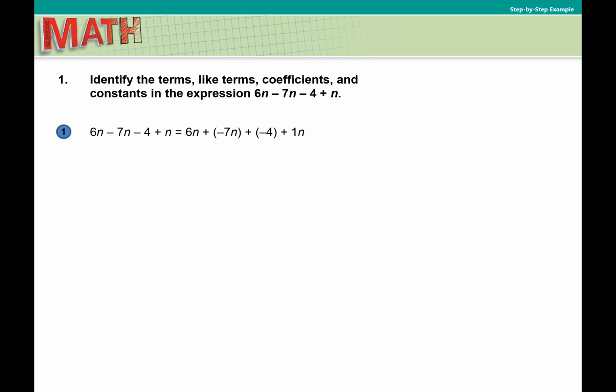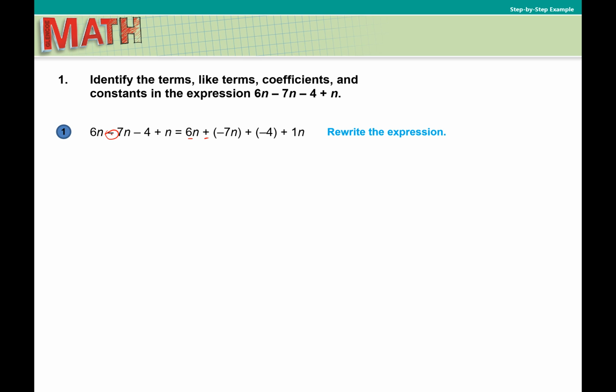Okay, so first of all, we want to rewrite our expression. Now, rewriting can include different things, but the biggest thing is whenever you have subtraction, remember, subtraction is the same thing as adding a negative. And it's much easier to simplify when you've got addition rather than subtraction. So we're going to change 6n minus 7n to 6n plus negative 7n.